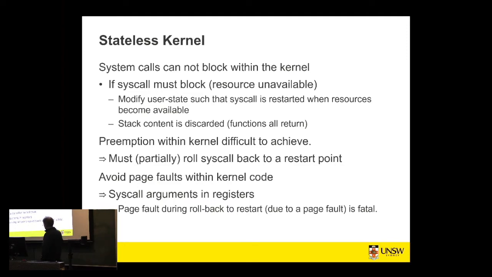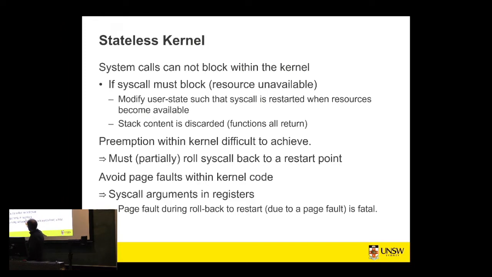Now the challenge in doing this is that the level of complexity and nesting depth to determine that we're going to block ends up making this fairly complex to rewind and restart and inefficient to rewind and restart in situations where the kernel is quite complex.